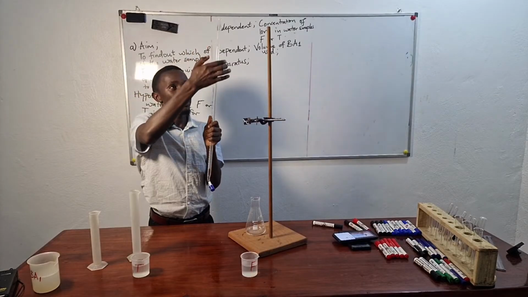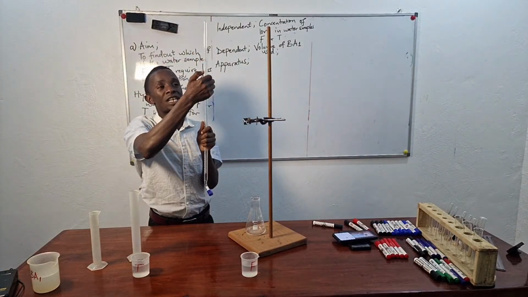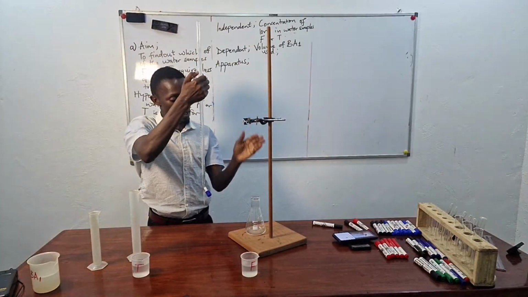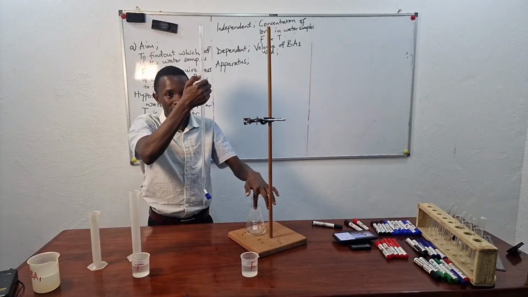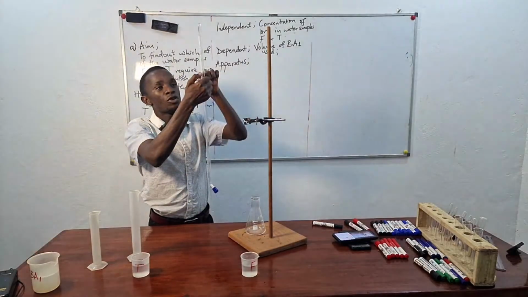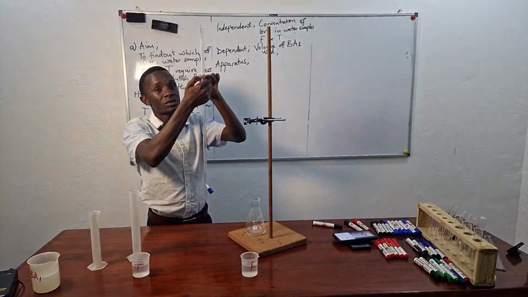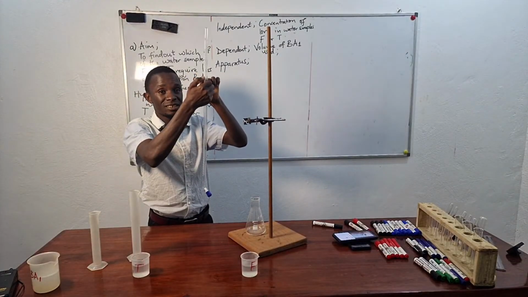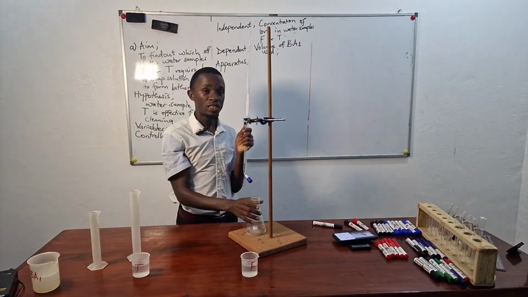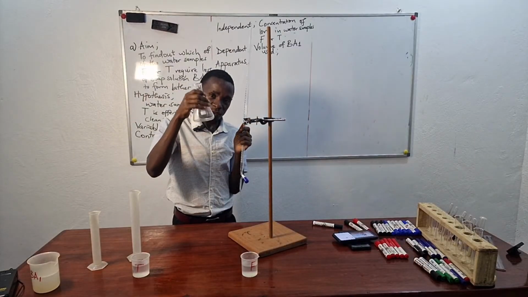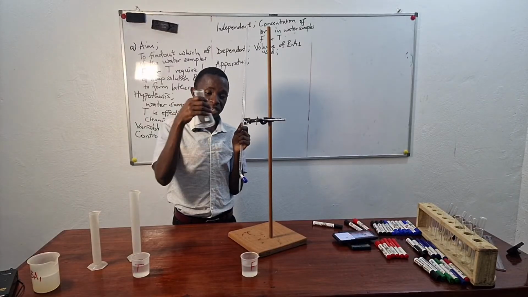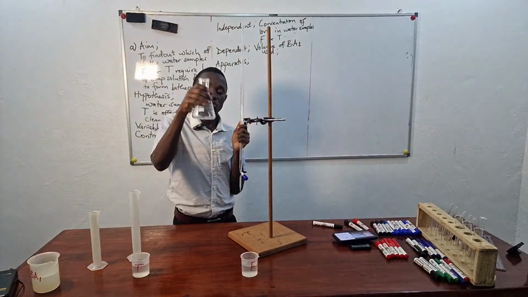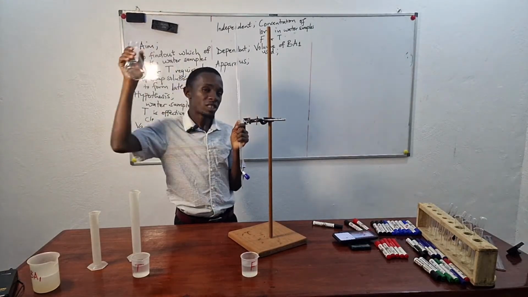I will then record the new or the final burette reading after forming the lather or after adding the soap solution to this water sample. I will read the new volumes from the burette as my final burette reading. When this solution just forms lather, that is when the soap is now reacting with water free from the other ions.